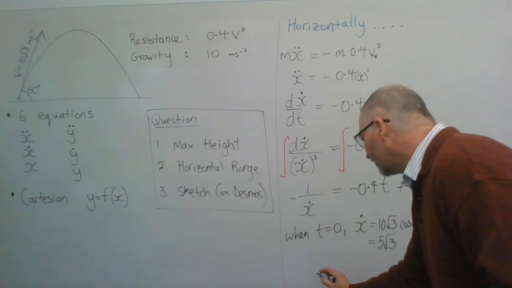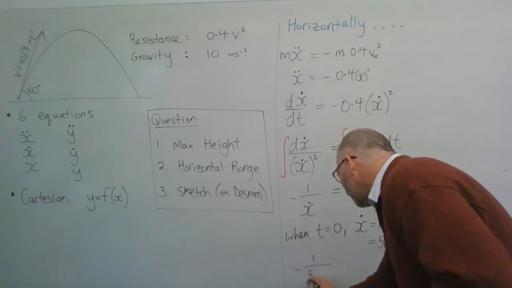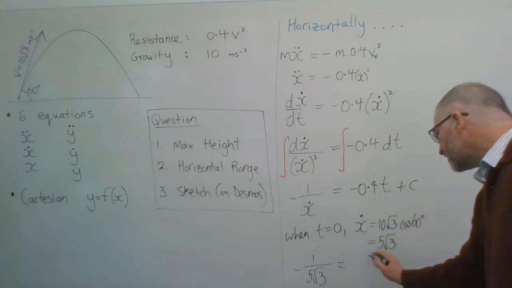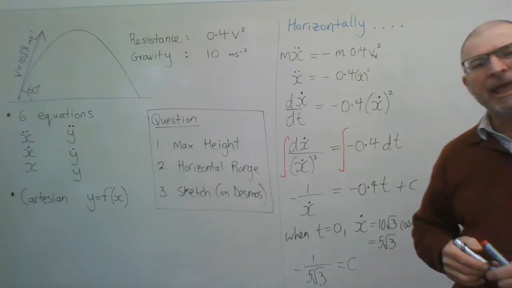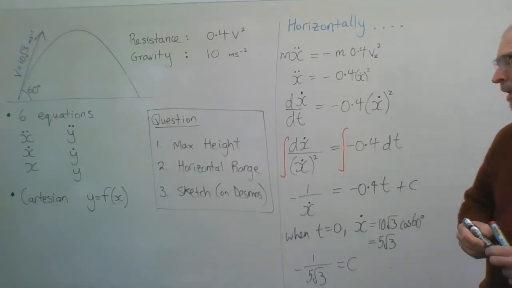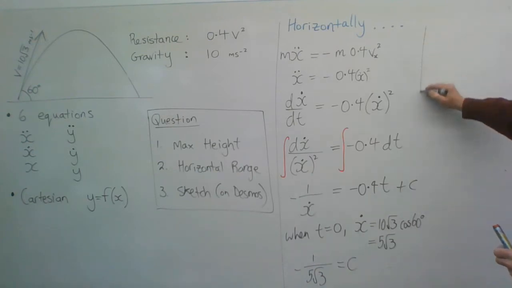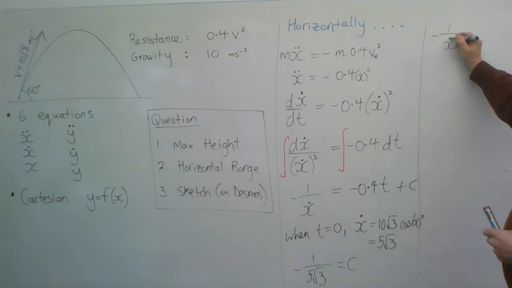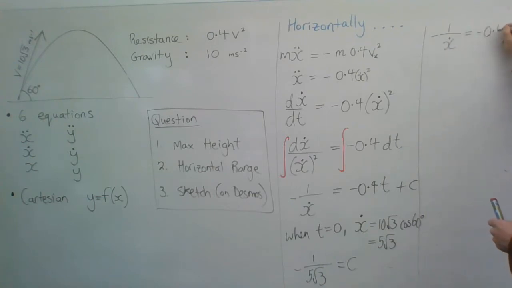So I can pop that in there, minus 1 on 5 root 3 equals 0 plus c. C is minus 1 on 5 root 3. So we get that minus 1 on x dot equals negative 0.4 t minus 1 on 5 root 3.